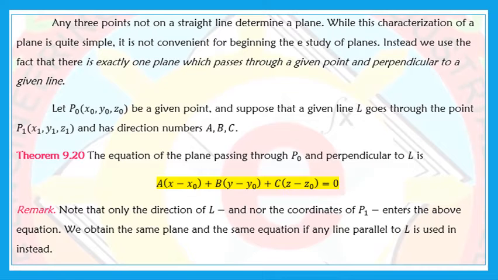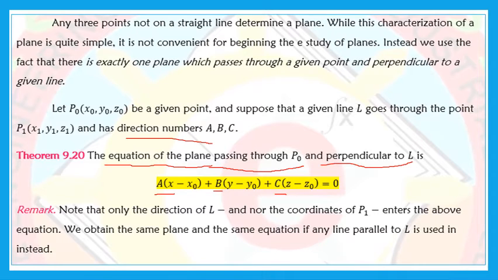So in this theorem, the equation of the plane, okay, ito yung formula na naman. The equation of the plane passing through point P sub O and perpendicular to L. Tandaan ha, equation of plane passing through point P sub O and perpendicular to L is A times X minus X sub O plus B times Y minus Y sub O plus C times Z minus Z sub O equals 0, where si A, B, and C dito are the direction numbers.